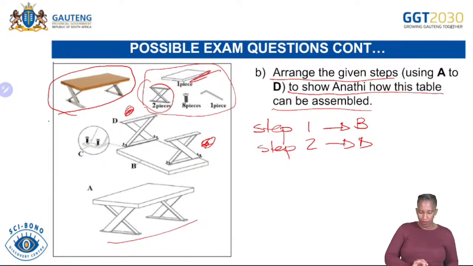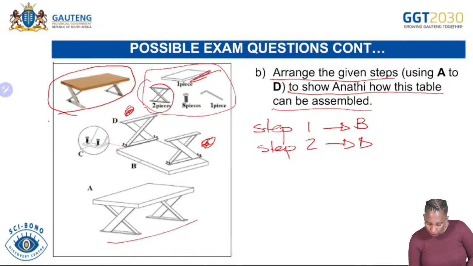You have to put them there. Where? On the tabletop. Remember, we said we take the tabletop, place it on the surface, on the floor, facing upwards, so that you can see the bottom part of the table. Then you are able to identify, okay, this is the point where the legs are to be screwed on.